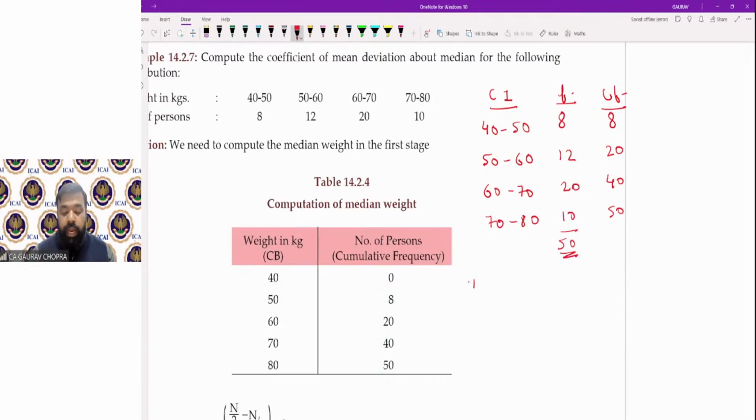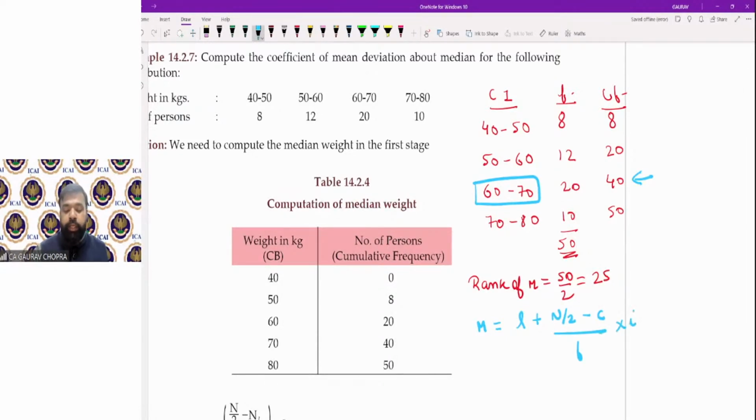Then find the rank of median. Rank of median is n upon 2, that is 25. So 25 will be covered in which interval? In the interval of 60 to 70. So apply the formula for median, L plus n by 2 minus C upon F into i.